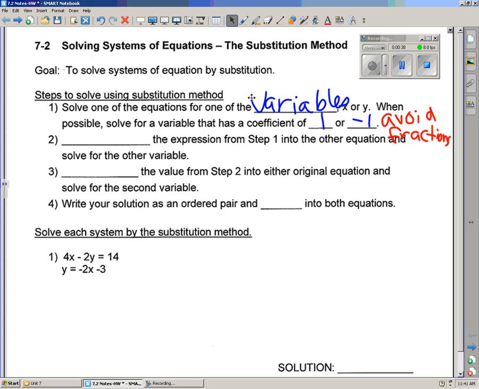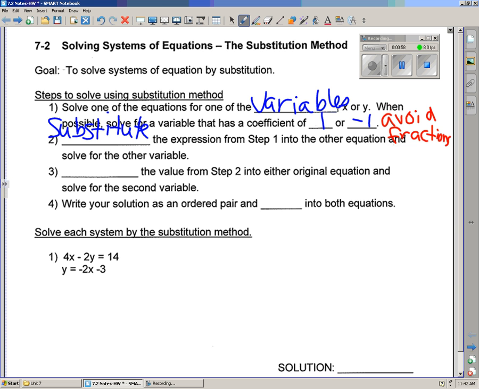Step 2 says once you solve one of the equations for one of the variables, you're going to substitute that expression into the other equation and solve for the other variable. Sounds confusing, but it won't be in a moment.